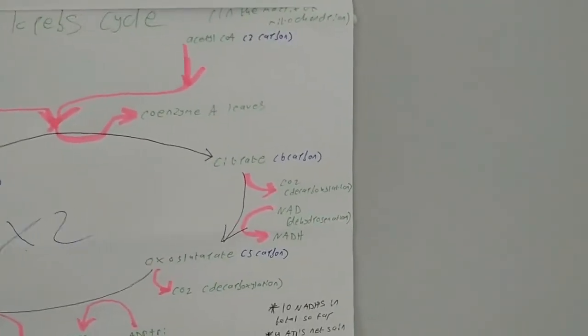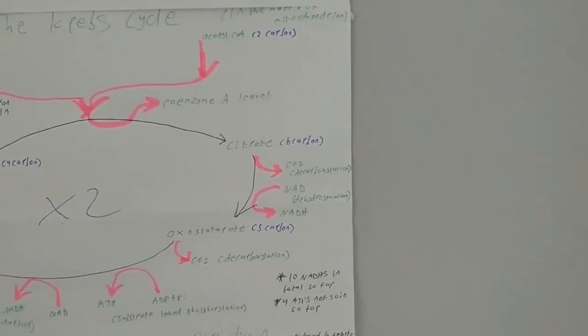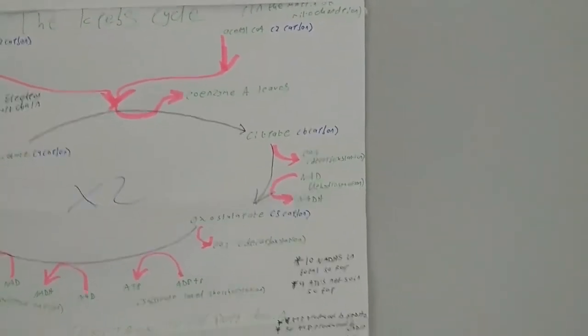This 6-carbon molecule then is decarboxylated as CO2 is removed, and dehydrogenation occurs, meaning an NADH is formed.